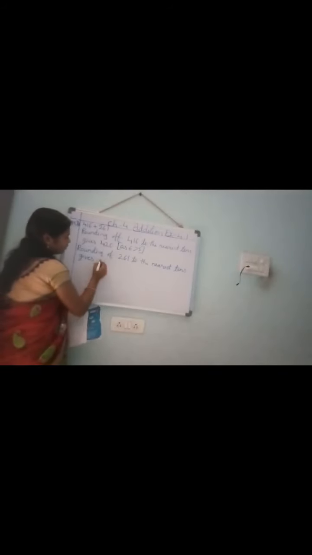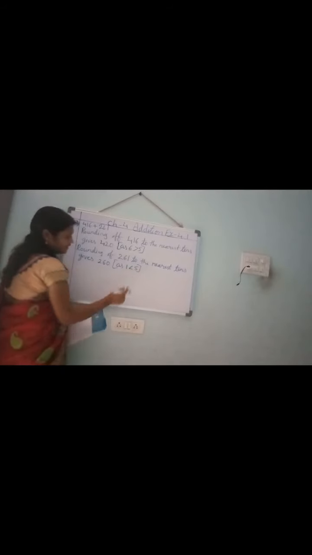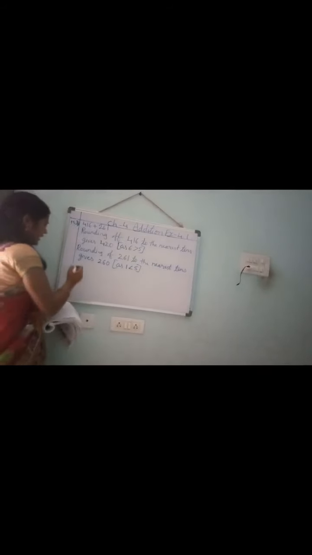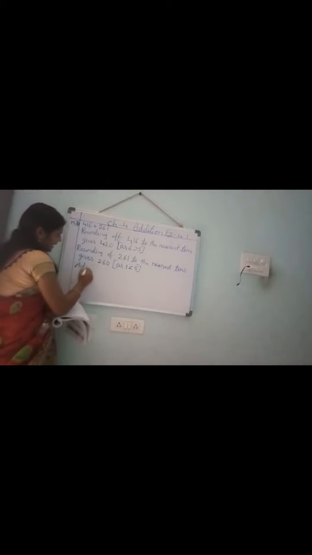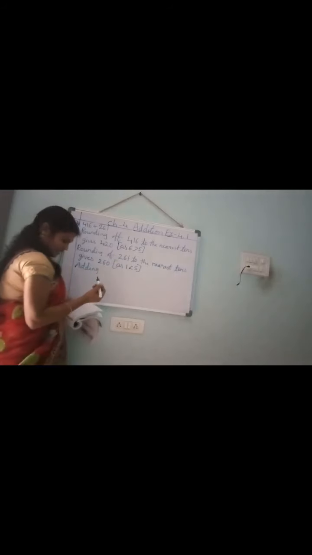Nearest means what? 260. Because 1 is less than 5. Understood, children? Adding. What you have to do? You should add 420 plus 260.